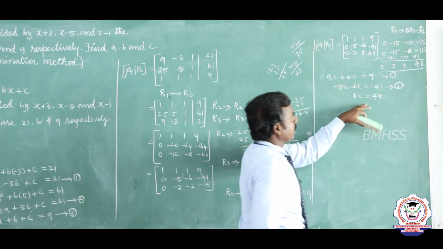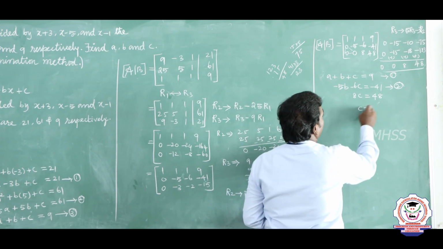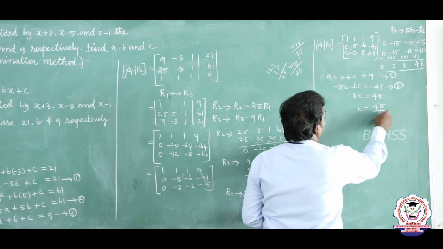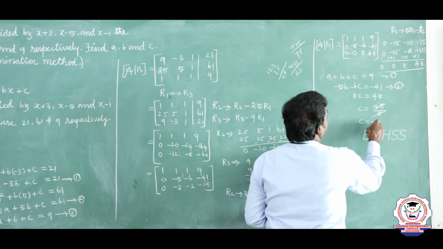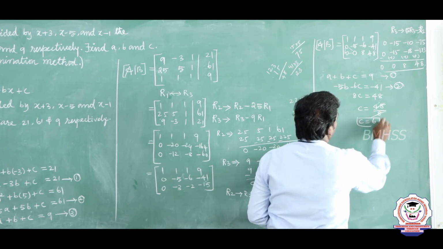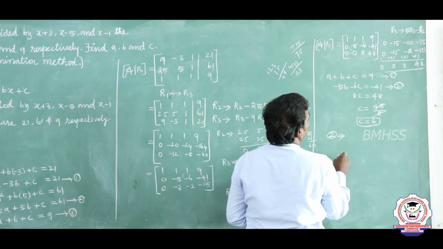Listen to this. From the third one, 8c equal to 48. So I can find the value of c. c equal to 48 by 8. Therefore after the cancellation we will get 8 6s are 48. Therefore c equal to 6. Now from the second equation I am going to apply the c value in equation number 2.